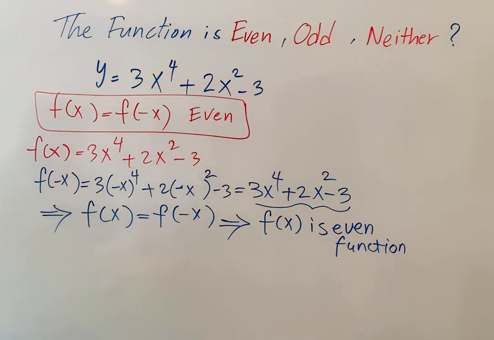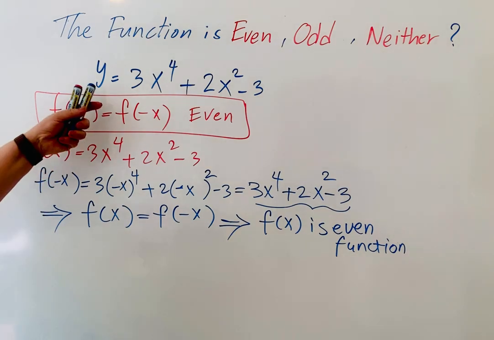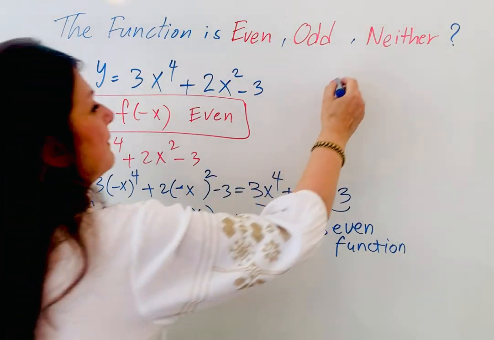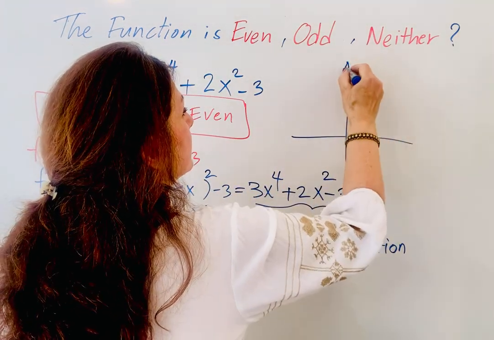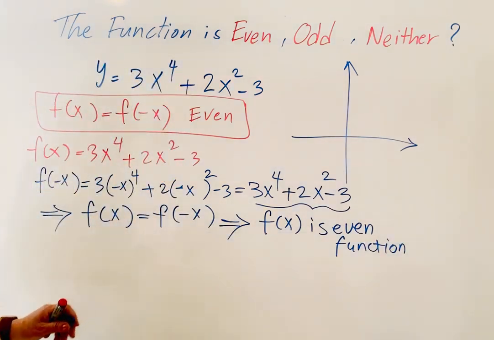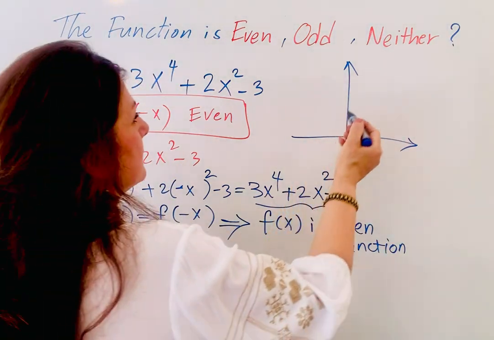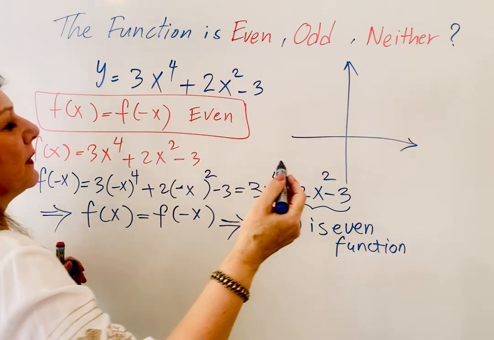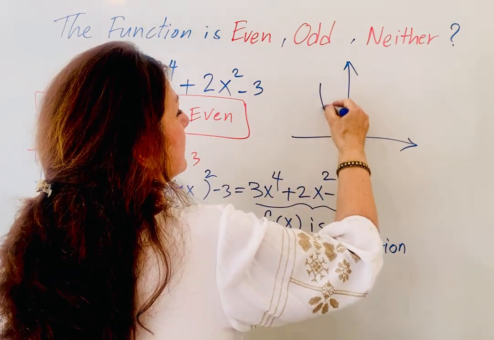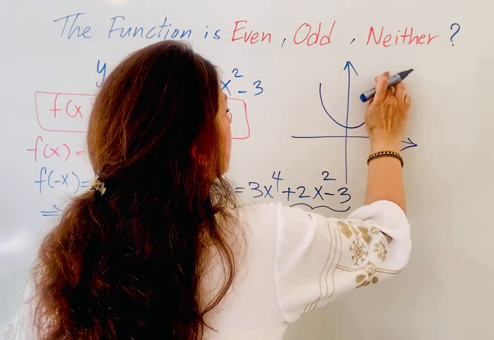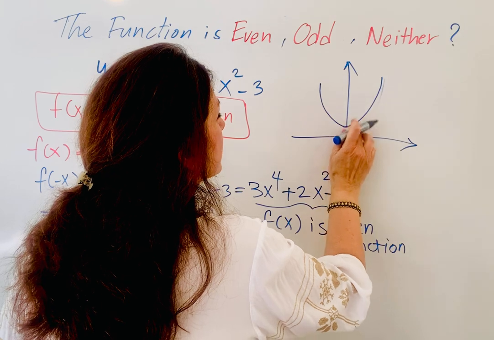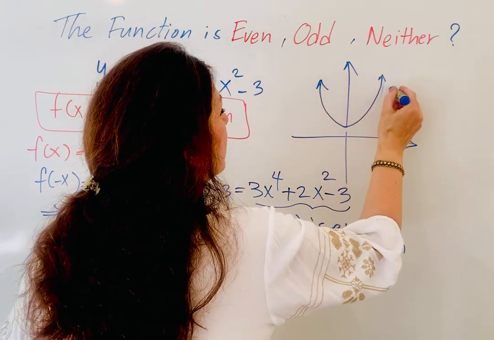Right? Great. And how about the graph? Sometimes you don't have the equation when you have a graph. This one is not quadratic, it is to the fourth, but if you have something like a quadratic, the vertex is exactly here on the y-axis.